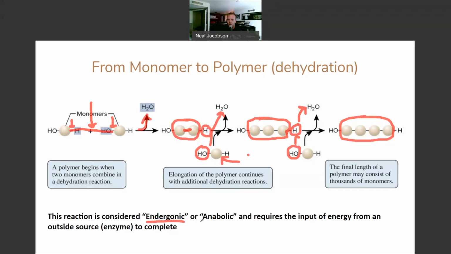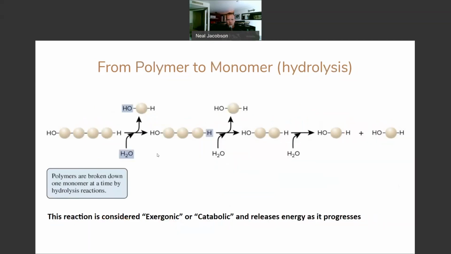Anabolic steroids are building, right? You shoot them into your body and you lift a bunch of weights and you get huge and just jacked. So endergonic, anabolic, these are all building reactions that require energy to come in from an outside source. And so typically that outside source is going to be an enzyme. And we'll see more of that next unit. So the next reaction that we see is from polymer to monomer. How do we break things down?